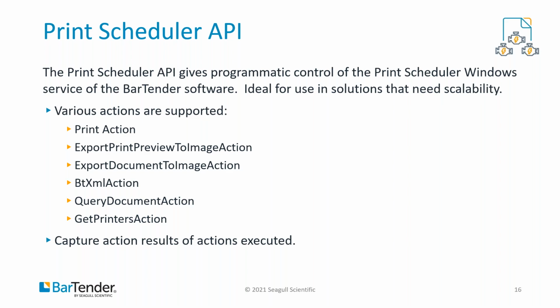And of course, looking to get results back in terms of information, but also, for example, if you're printing to produce a print job on the computer where the Print Scheduler service is running.